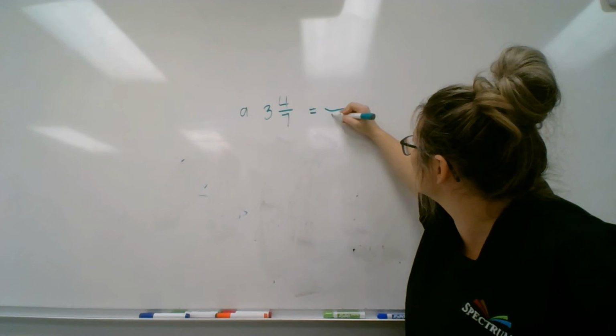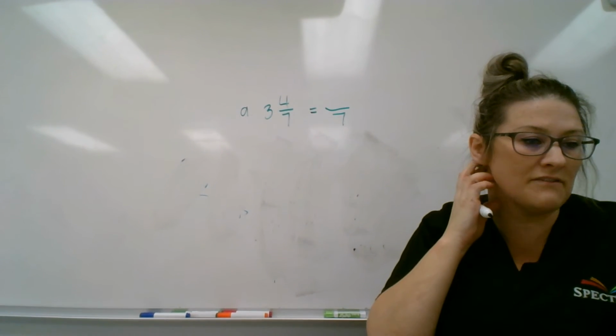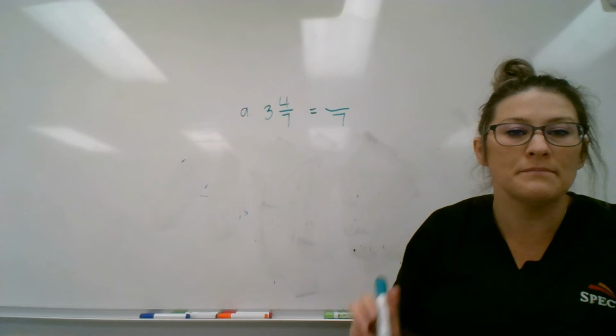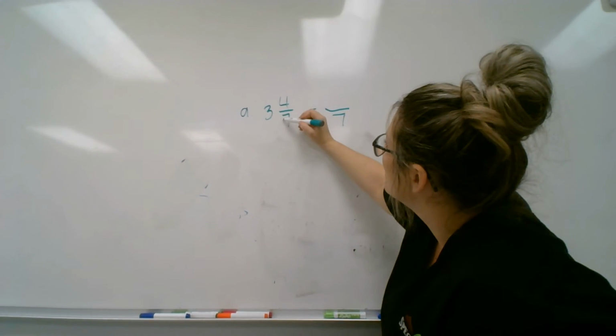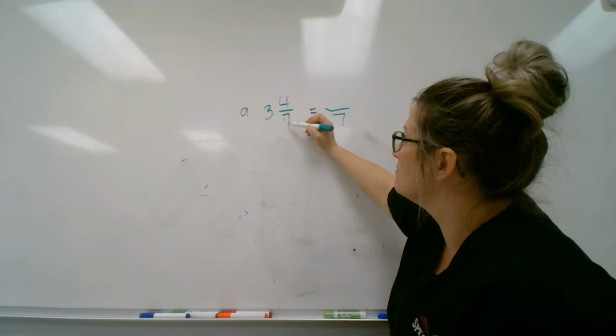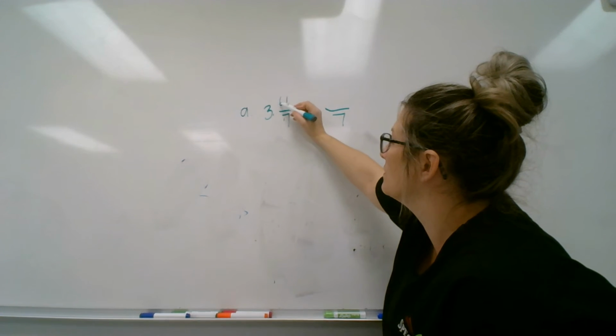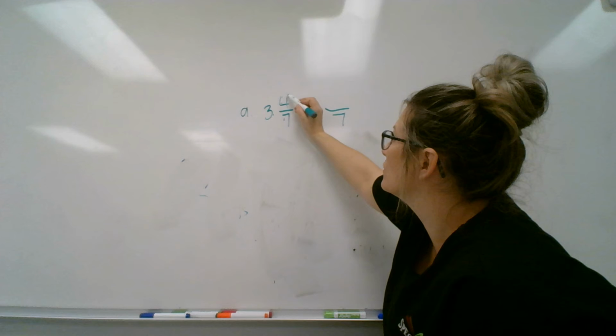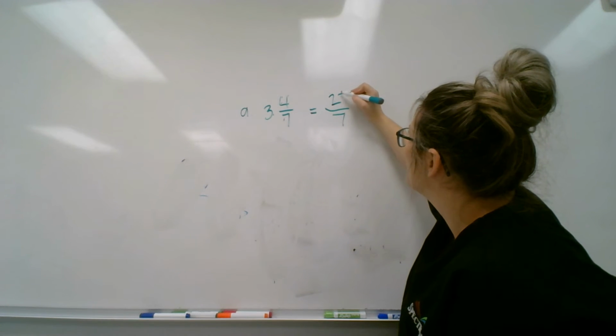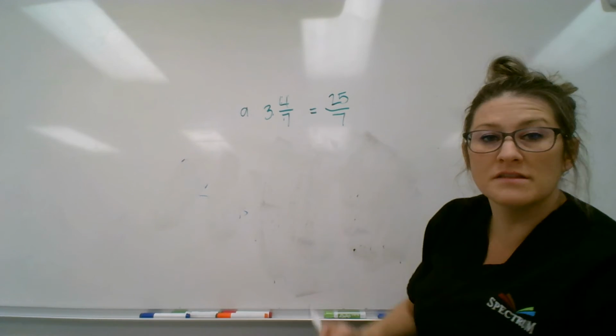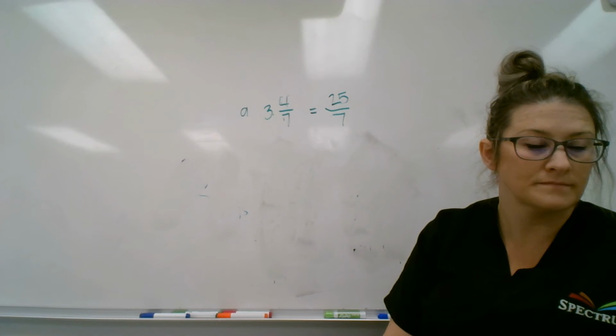To get your top number, denominator times the whole number. So 7 times 3 is 21, plus 4 is 25. So this fraction is equal to this mixed number.